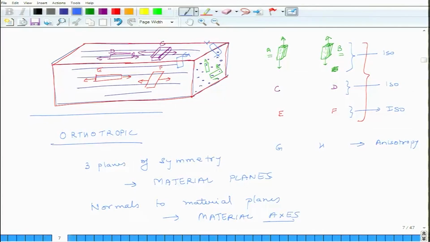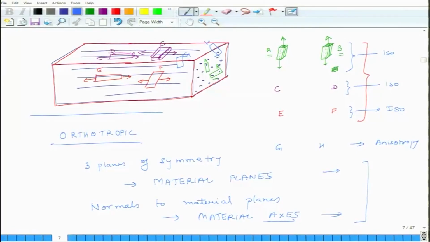Okay. So, orthotropic materials are materials which behave isotropically when samples are cut from a specific plane; within the plane you can keep on rotating the orientation of the sample. These planes are known as material planes, and the normals to those are known as material axes, and both material planes and material axes are specific to the overall structure of the material.